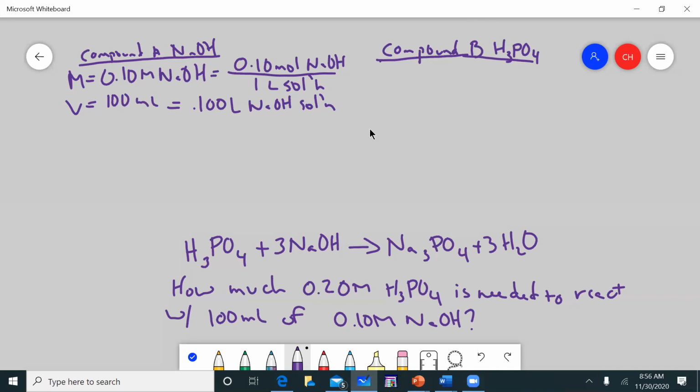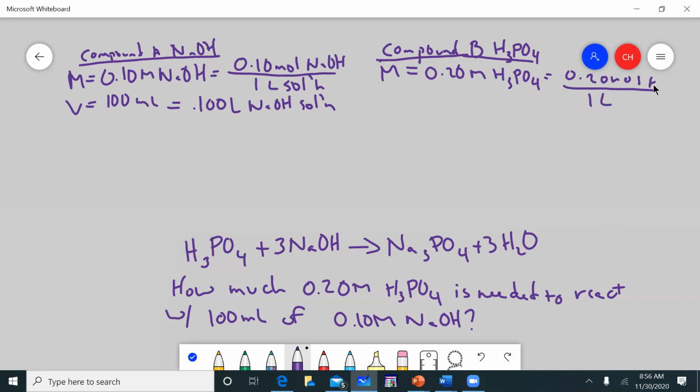And this thing, I only know one piece of information. I know its molarity, I know its concentration, right? So molarity for this guy is 0.20 big M of H3PO4. And again, with solution stoichiometry, let's just get that into moles per liter. So it's the same thing as 0.20 moles over every 1 liter.